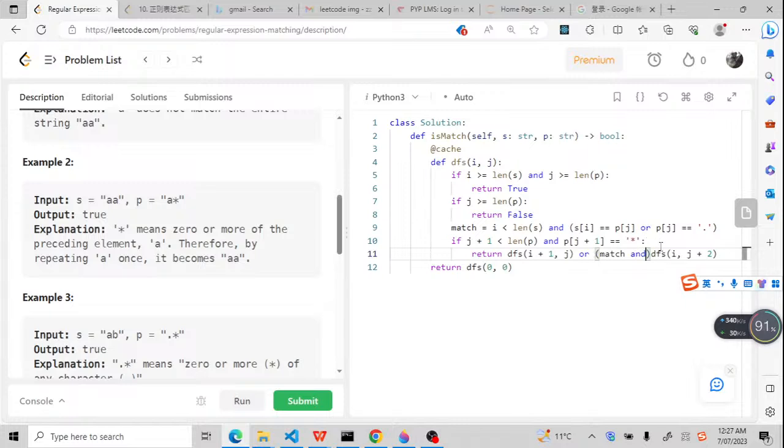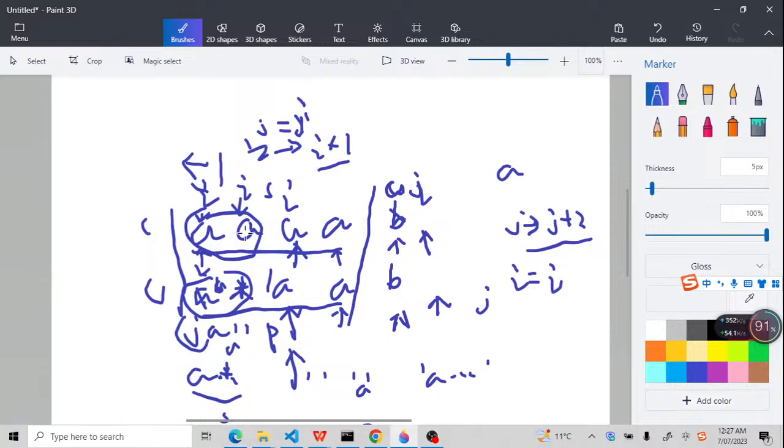So it should be match and DFS i, j plus 2. And for this one, we don't need to have a match first. Why? Because i plus 1 and j, DFS i plus 1, i goes to here, and j stays at the same place. Yeah, because A and star.